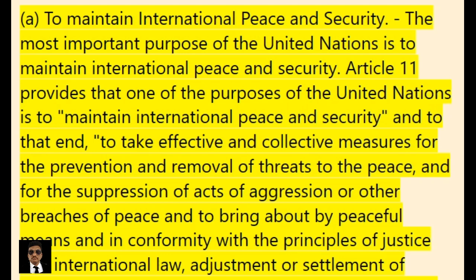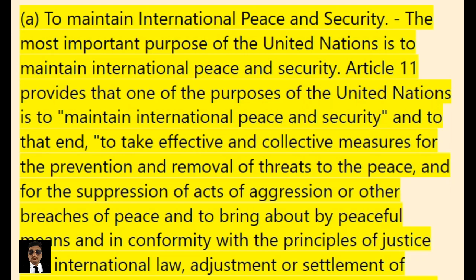Article 1 provides that one of the purposes of the United Nations is to maintain international peace and security, and to that end, to take effective and collective measures for the prevention and removal of threats to the peace, and for the suppression of acts of aggression or other breaches of peace, and to bring about, by peaceful means and in conformity with the principles of justice and international law, adjustment or settlement of international disputes or situations which may lead to a breach of peace.